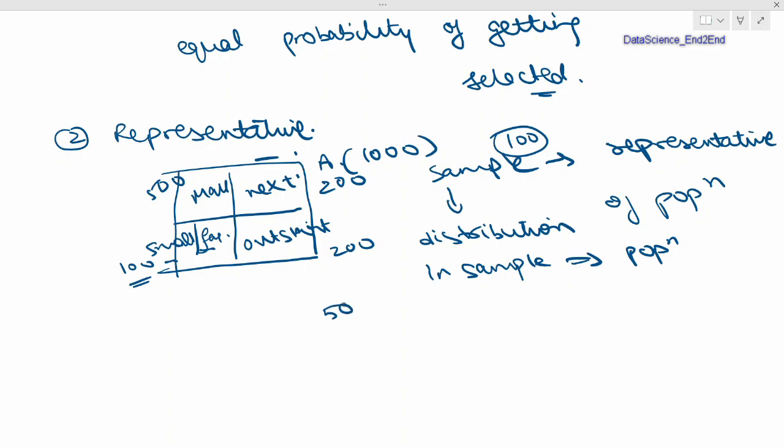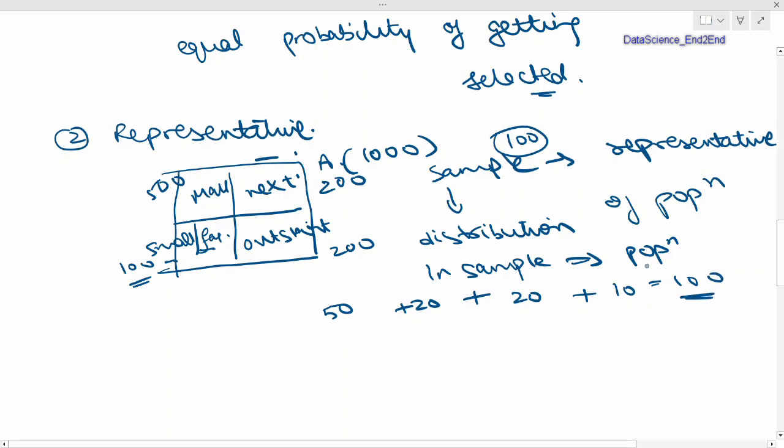For example, from malls you will collect 20, from shops next to your home you will collect 20, from outskirts you will again collect 20, and from the small, far off places you will collect data from 10 shops, and this will add up to 100 observations. So we are making sure that the sample we have is a good representative, in terms of distribution, of the complete population.